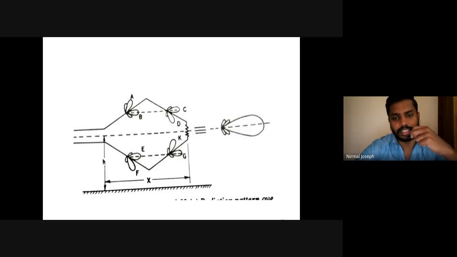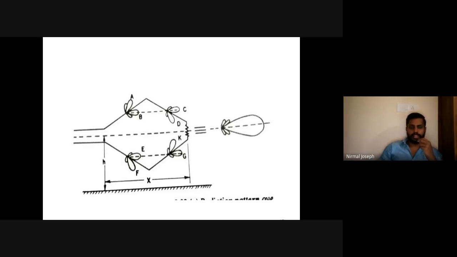So as a result, we are going to get a very big major lobe in the desired direction of radiation, and some smaller side lobes. Okay, this is the basic idea behind the working of a rhombic antenna.